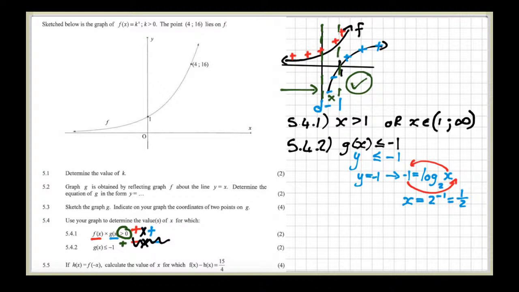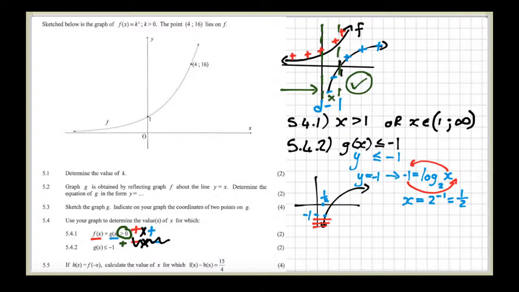Now, if I go back to my g of x sketch, that I'm just quickly going to draw here for you, it means when y is -1, the x value there is about 1/2. So now the question is, where are the y values of g smaller than 1/2?